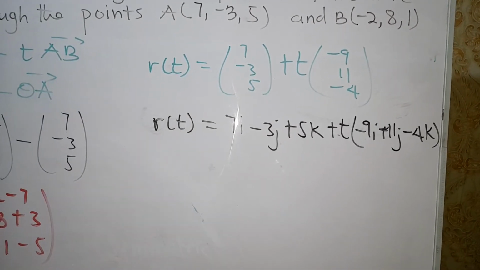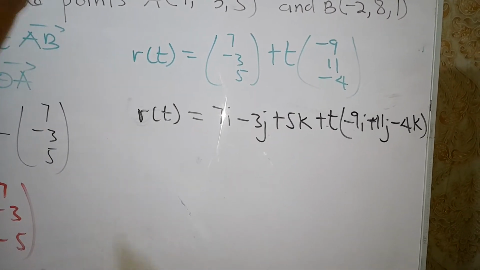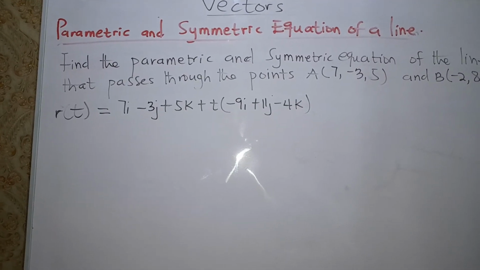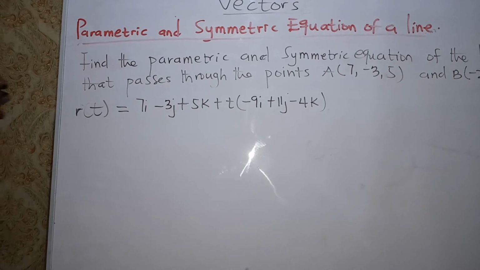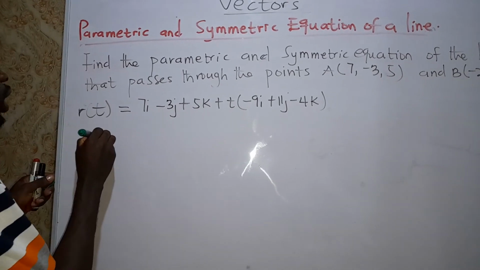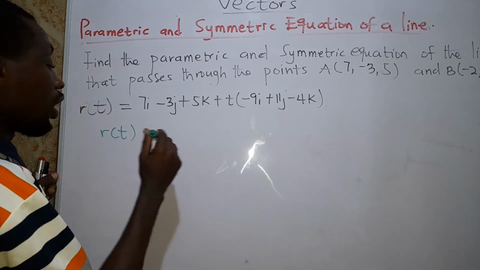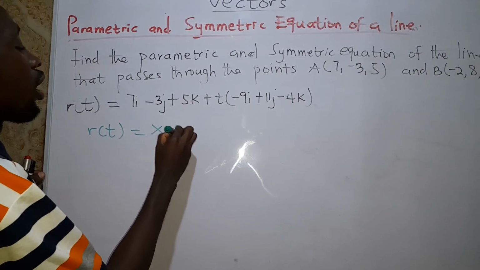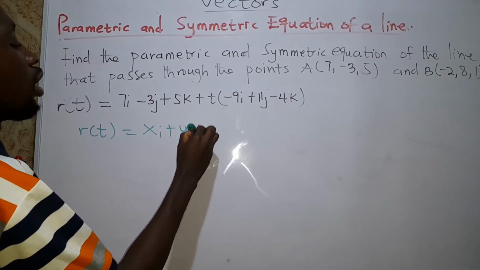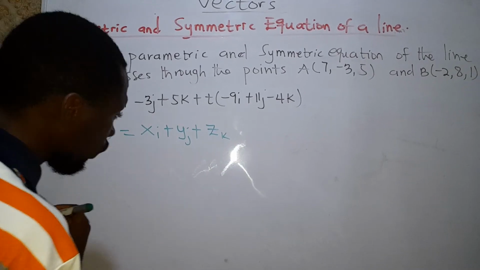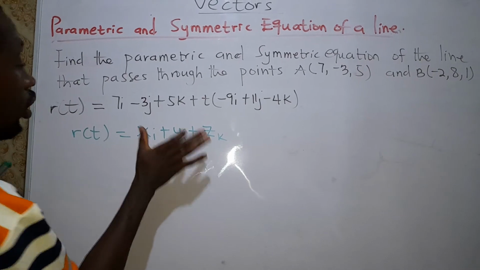Since we have gotten our vector equation, we can now find the parametric equation. We let r(t) be equal to, since it's three-dimensional space, xi plus yj plus zk. So now we let this be equal to that.